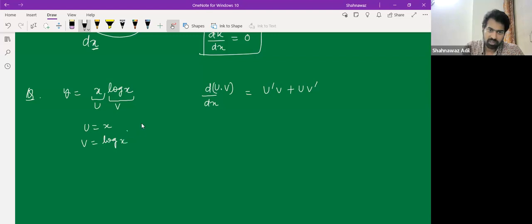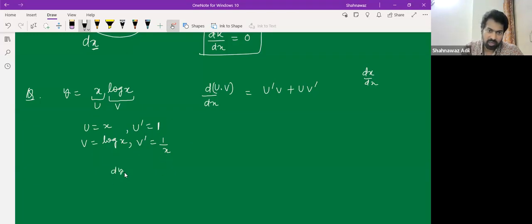So u dash is how much? Just directly tell me the answer. d of x by dx is 1. Whenever we have a constant term, that gives me 0. Whenever we have x, this gives me 1. And the differentiation of log x is 1 by x, right? So u dash is 1, v dash is 1 by x.